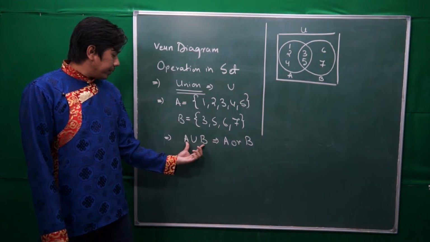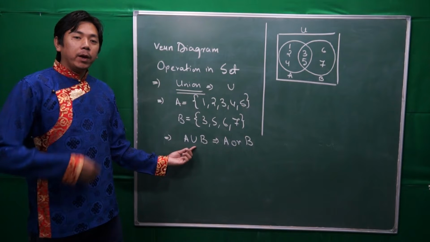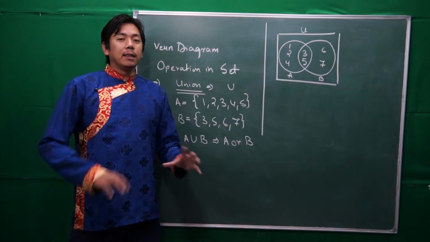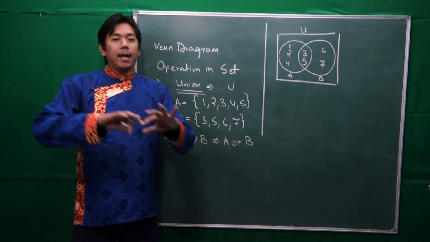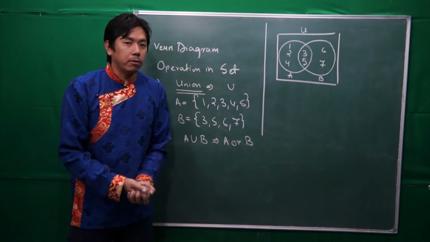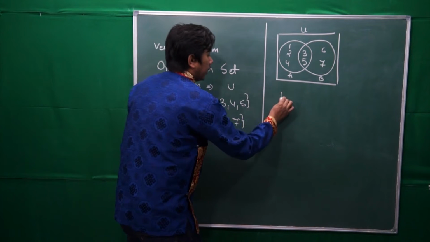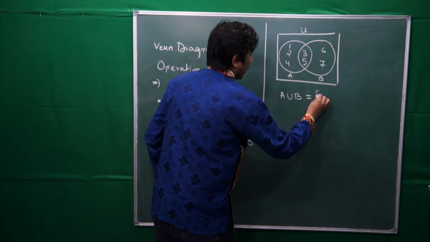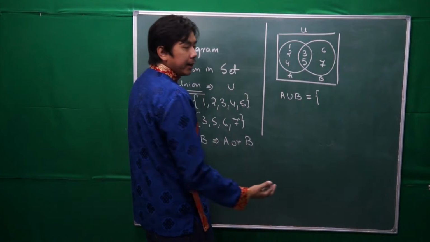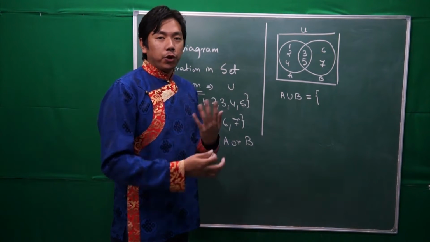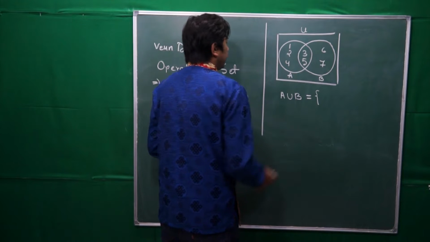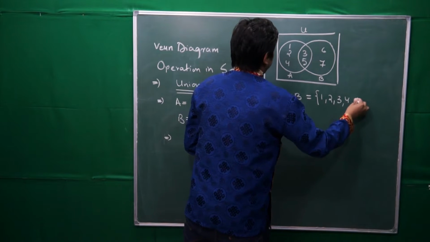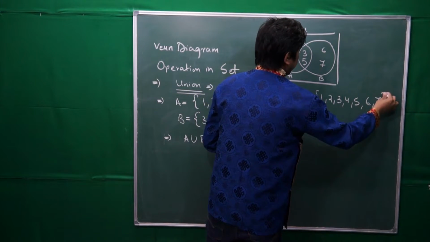When two sets undergo the union operation, the resultant would be the elements of A and the elements of B all together. So A union B would be equal to a new set that combines the elements of A and the elements of B. So A union B would be 1, 2, 3, 4, 5, 6, 7.